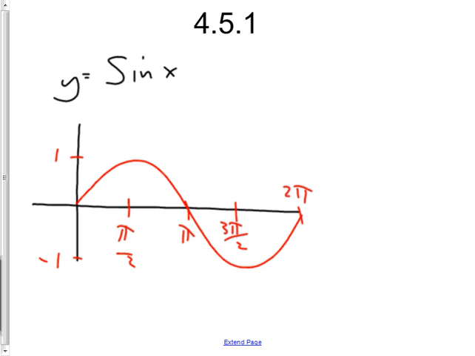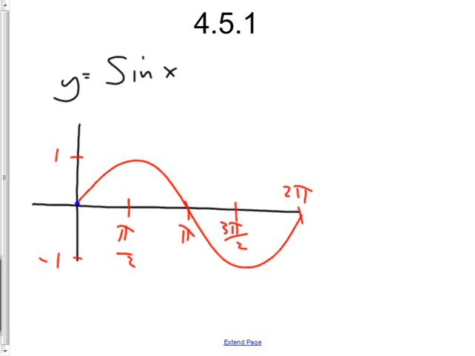A nice clean graph. Here is what cosecant looks like. You can put it on the same graph. As this is 0, if this is the flip of sine, then it's 1 over 0, which is undefined.